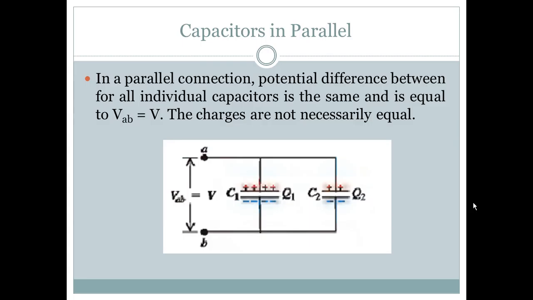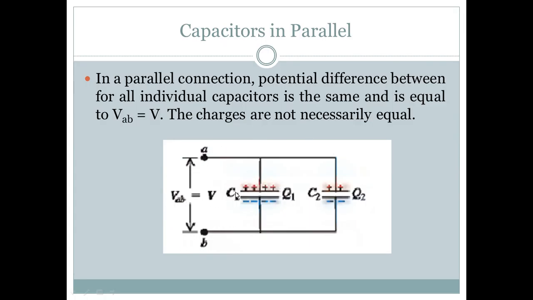What is common among the capacitors in parallel is that, from this illustration, try to notice that the plates of each of the given capacitors have a direct connection to our power source or voltage source.